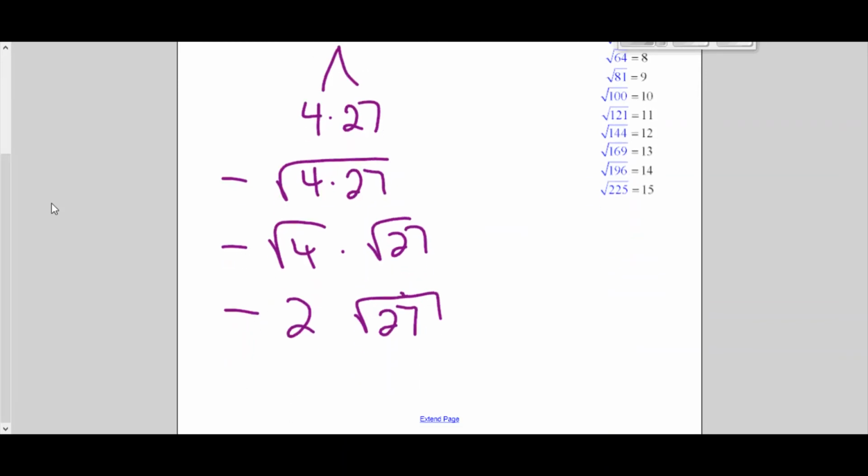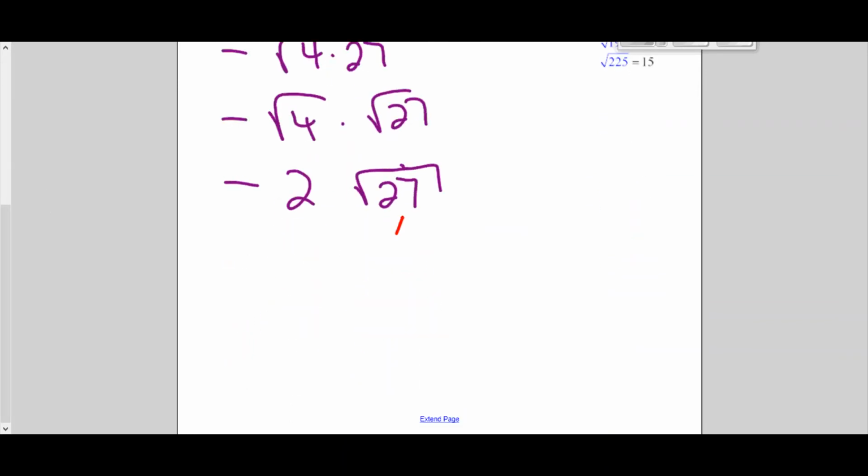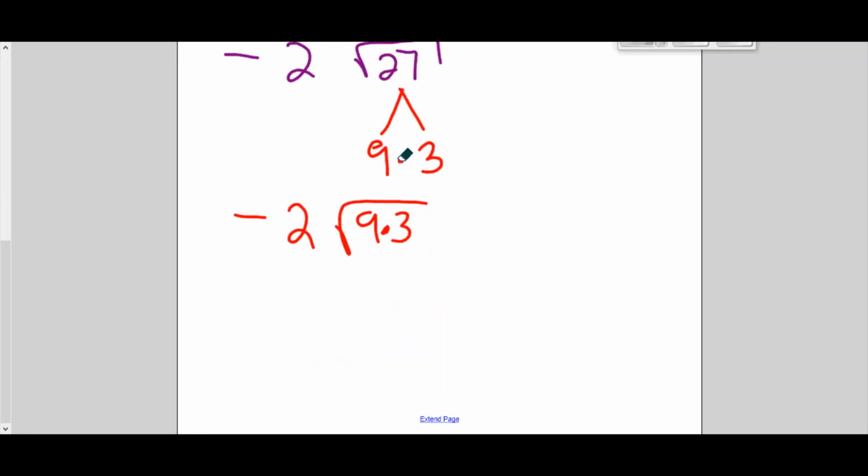So I'm going to split up 27 using 9. 27 divided by 9 is 3. And now I could rewrite this as negative 2 times the square root of 9 times 3. And then negative 2 times the square root of 9 times the square root of 3.